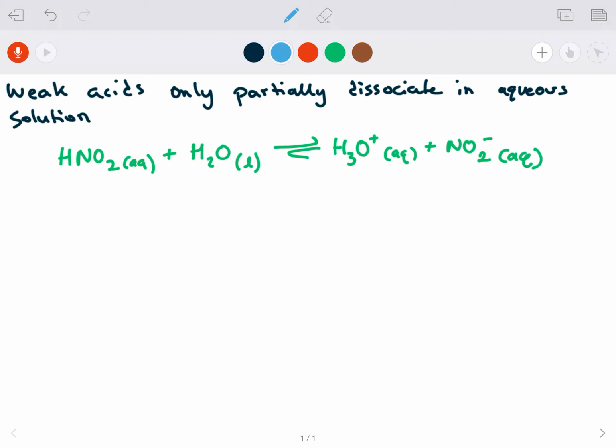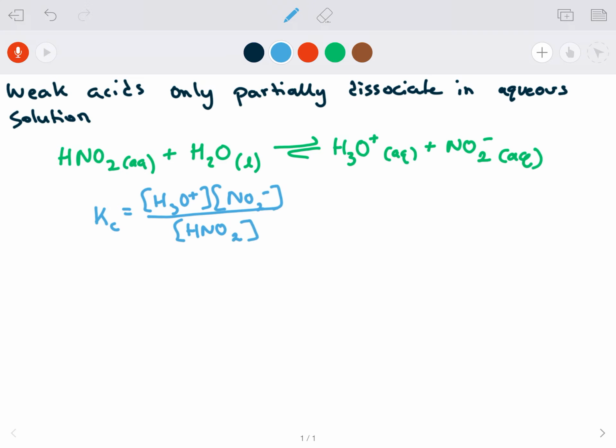So that expression would be Kc is equal to the concentration of H3O plus times the concentration of NO2 minus over the concentration of HNO2. We don't consider the water in here because it's a liquid, it's pure, it's not in the aqueous form. So we don't consider the water.